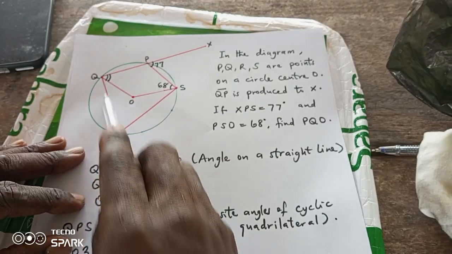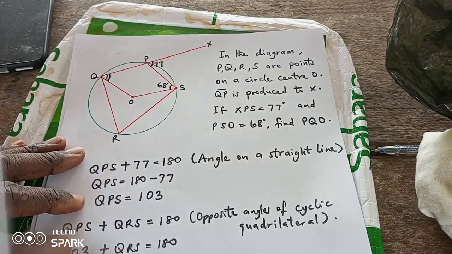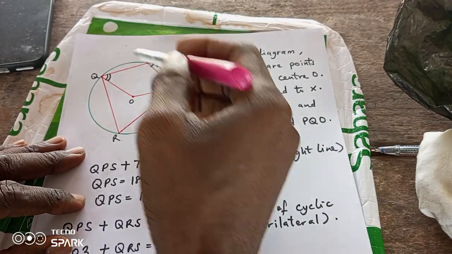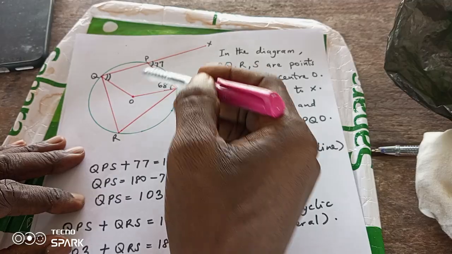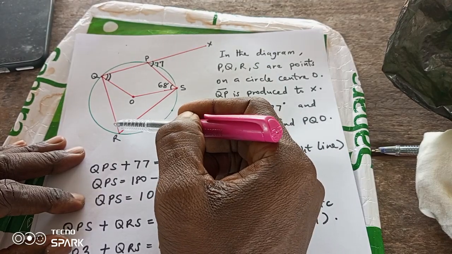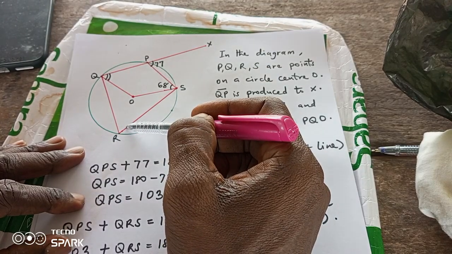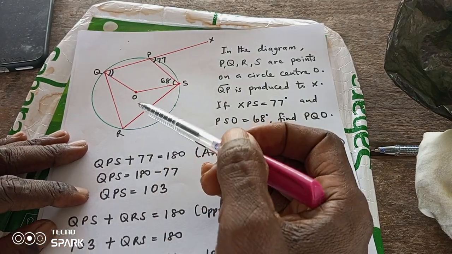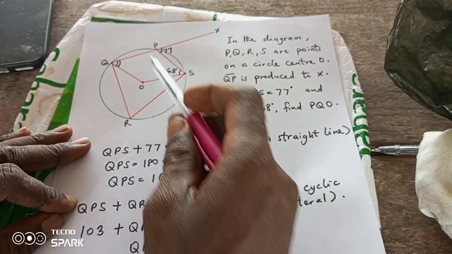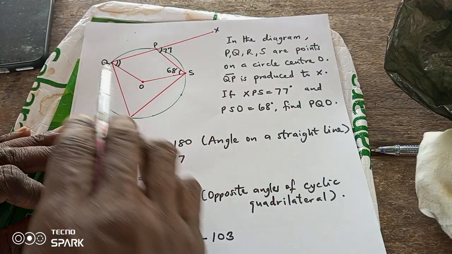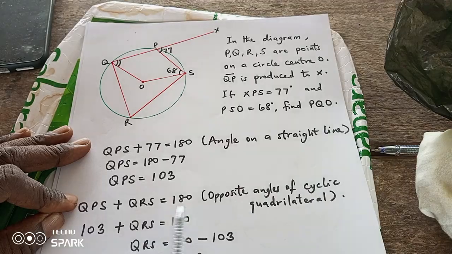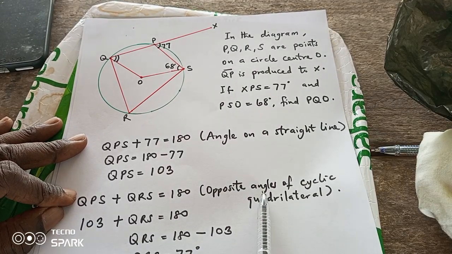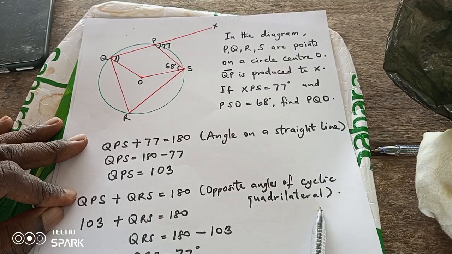So it means that the angle here and the angle here, when you add them together, should give you 180, because opposite angles of a cyclic quadrilateral add up to 180. So angle QPS plus angle QRS should be equal to 180. State the reason: opposite angles of a cyclic quadrilateral.